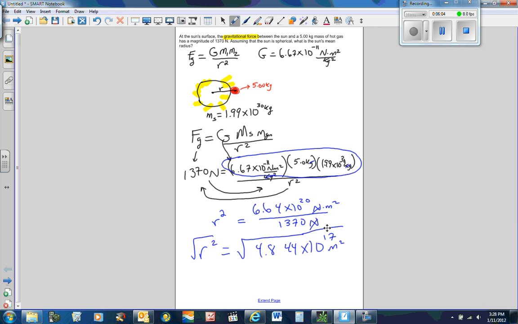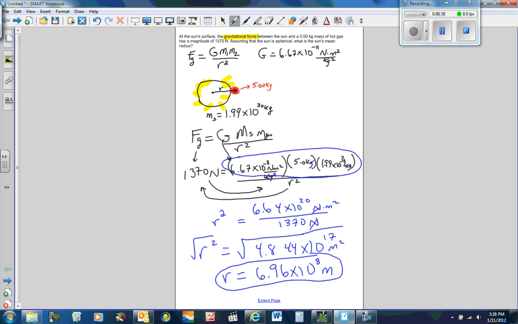So I'll take the square root of that number, and I get the answer that the mean radius of the sun is, in scientific notation, 6.96 times 10 to the 8th. I counted 8 decimal places. 10 to the 8th meters.